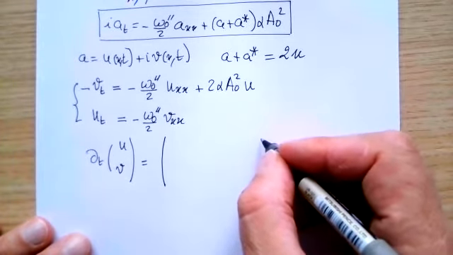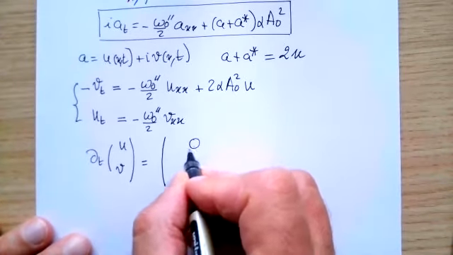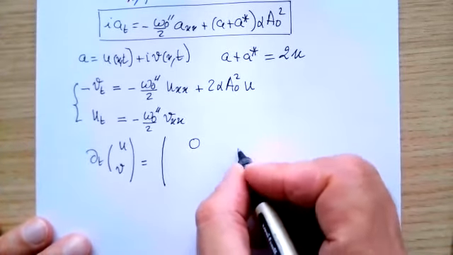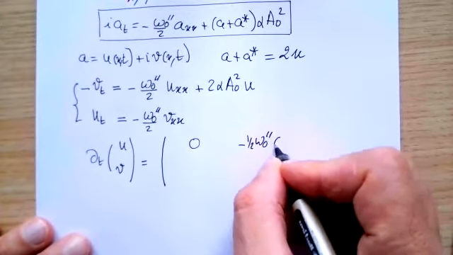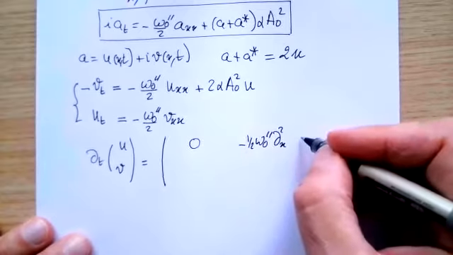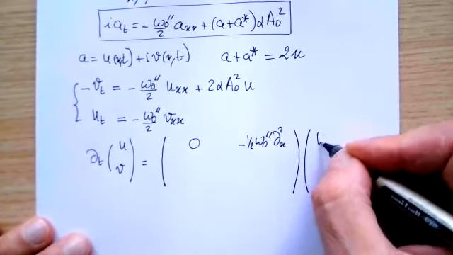So this operator, for u, it has 0 here, and here it has minus 1/2 applied on (u, v).